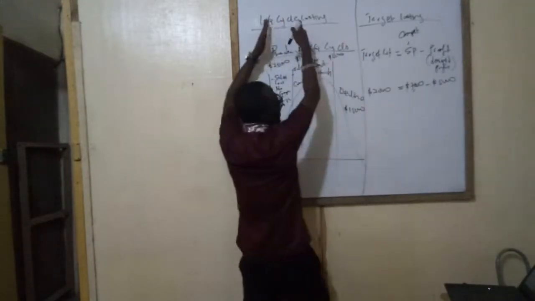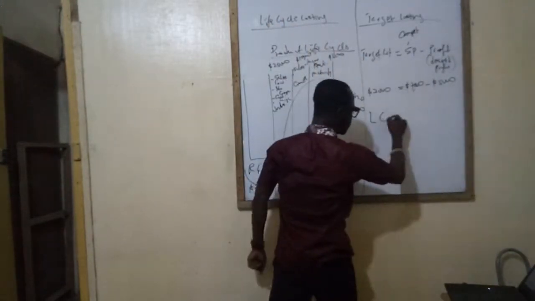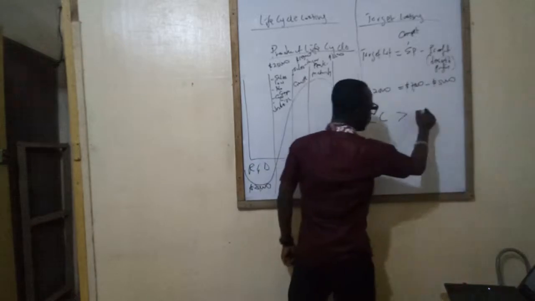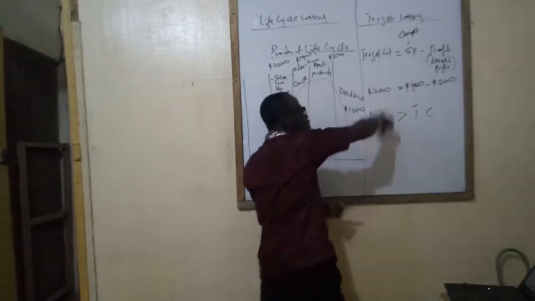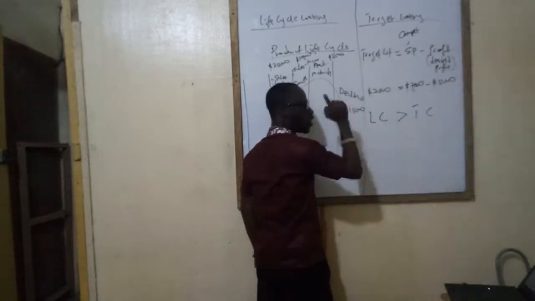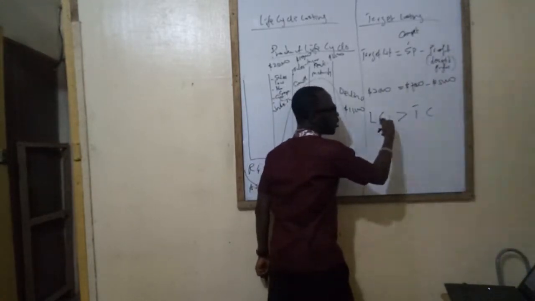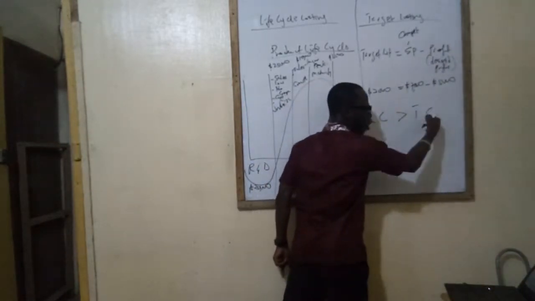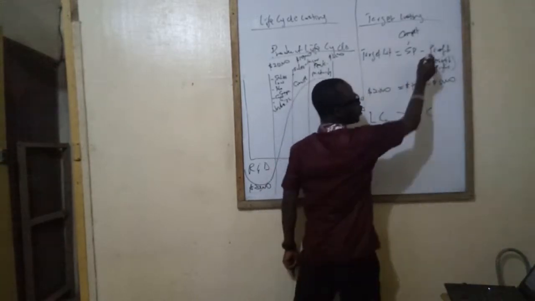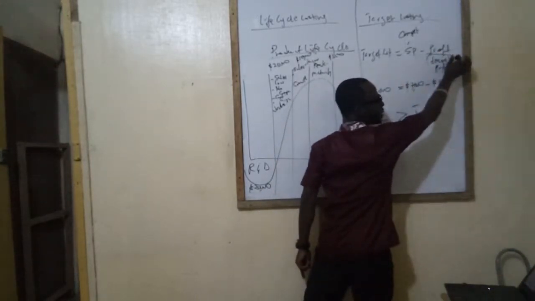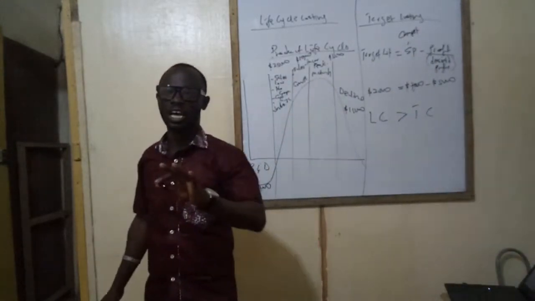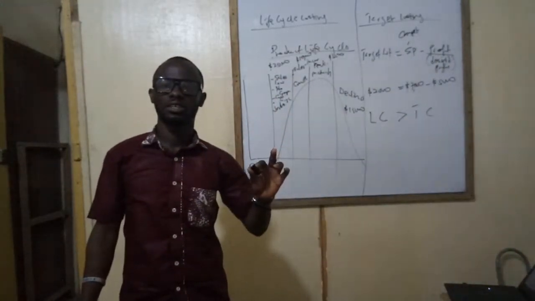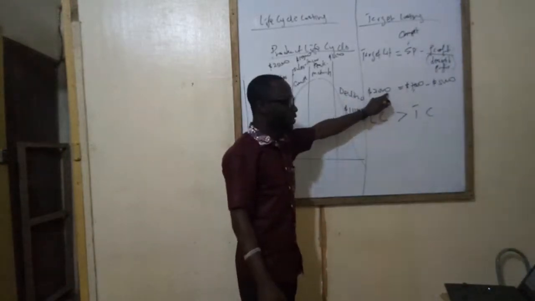If your life cycle cost, LC, is greater than your target cost, TC, then we have to find ways to reduce the life cycle cost. Because remember, if your life cycle cost is more than your targeted cost, that means that you are not going to make what? The desired profit. And if you don't make that desired profit, that is going to affect us as a company. So that is what you need to understand there.